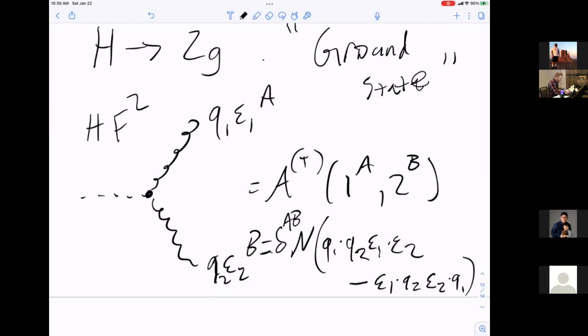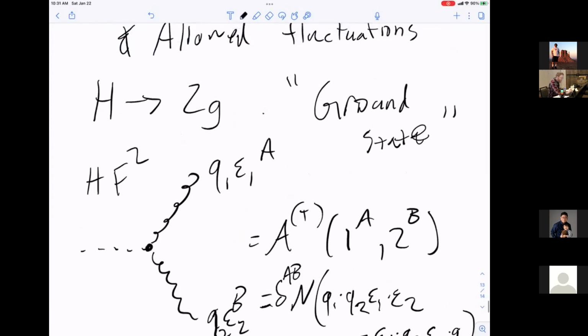Delta AB. There. Hopefully that's legible. So this is my ground state. This is the state that I'm interested in. It's just my Higgs decaying to 2 gluons and only 2 gluons.